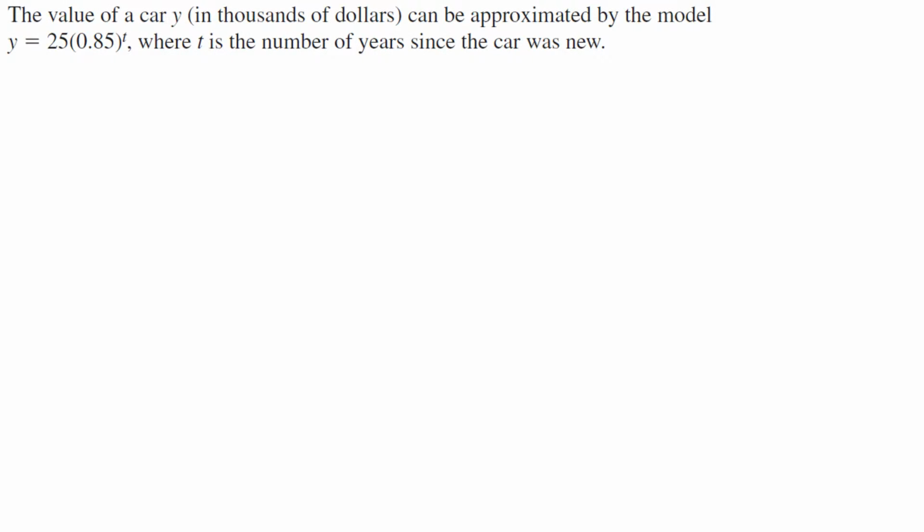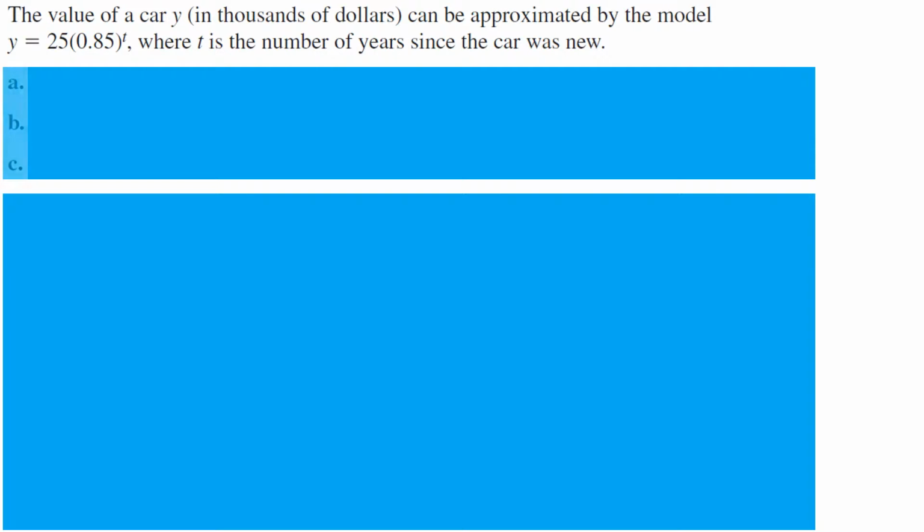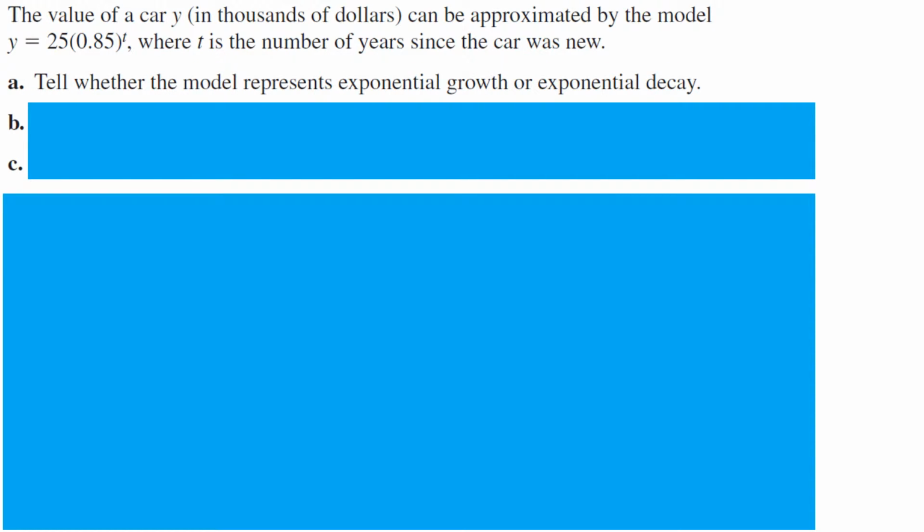So, a brand new car, or any car we purchase, I guess, can be approximated by the model y equals 25 times 0.85 to the t, where t is the number of years since the car was new. Okay, is it growth or decay?